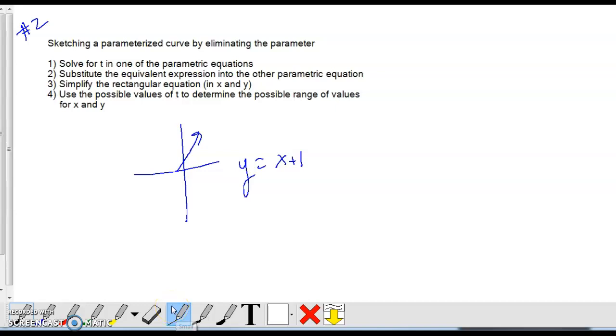So let's jump right into our first example, and I'll show you what I mean by this. So here's example number 1.